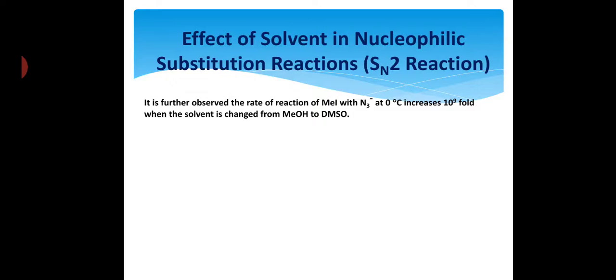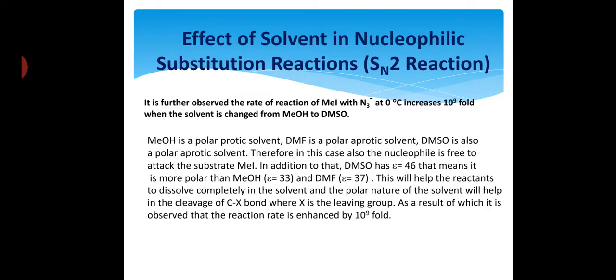DMSO is a polar aprotic solvent, so it also cannot form hydrogen bond with nucleophile. So, the nucleophile is free to attack as in the case of DMF as solvent. But why does the rate increase 10 to the power 9 times?